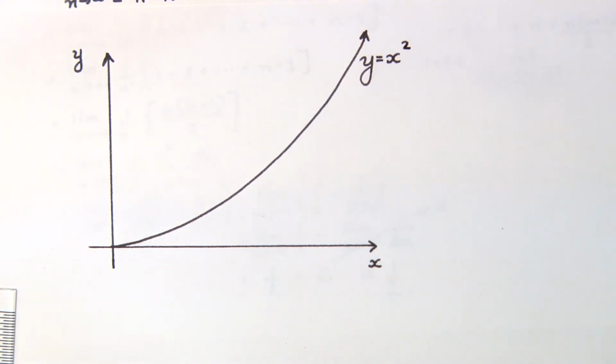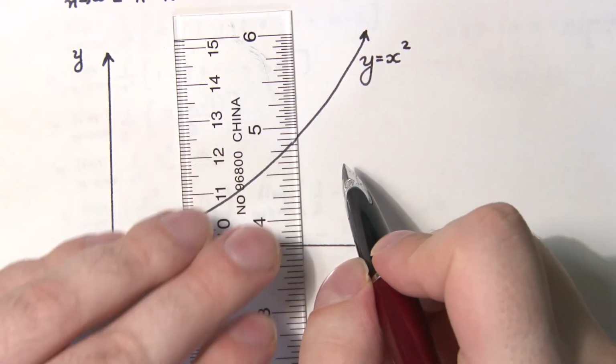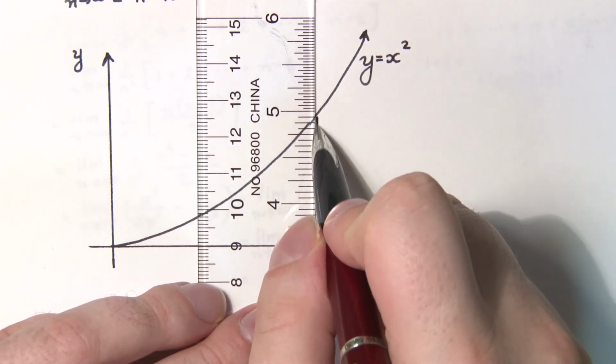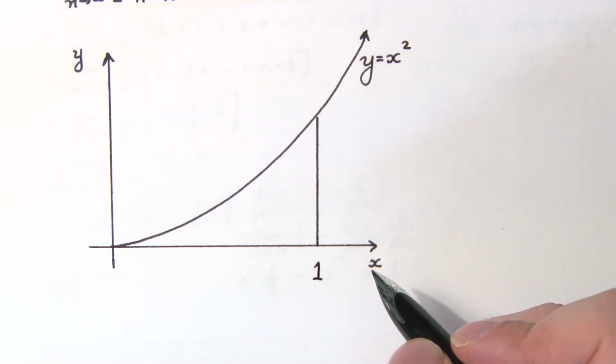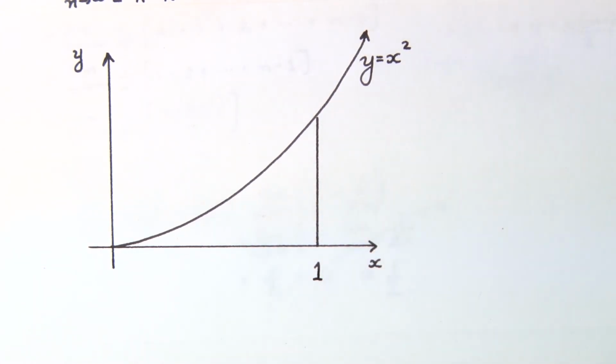What happens if I give you a parabola now? And now I ask you, what's the area under that curve of y equals x squared?